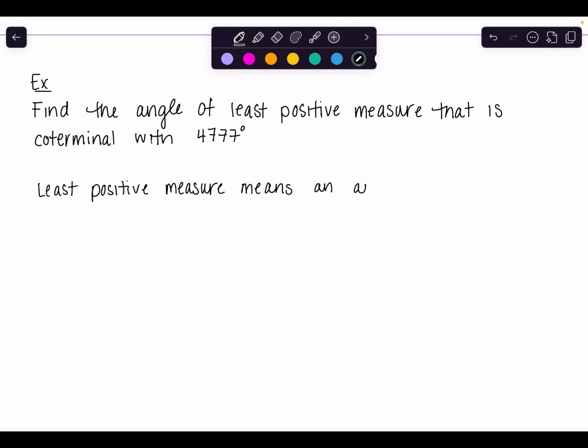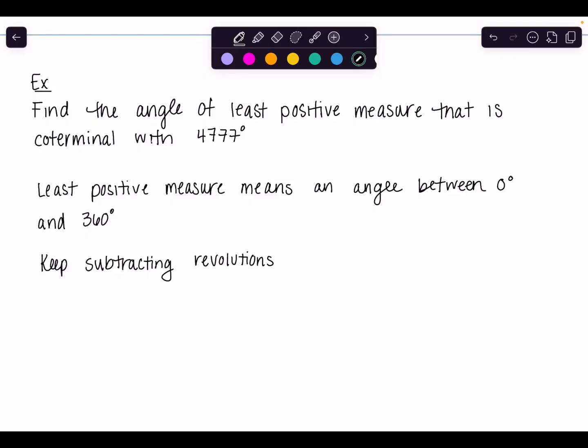So least positive measure means an angle between 0 degrees and 360 degrees. Okay. So all you're going to do is take 4,777 and subtract 360 a bunch of times. So keep subtracting revolutions until we get an angle in that range.